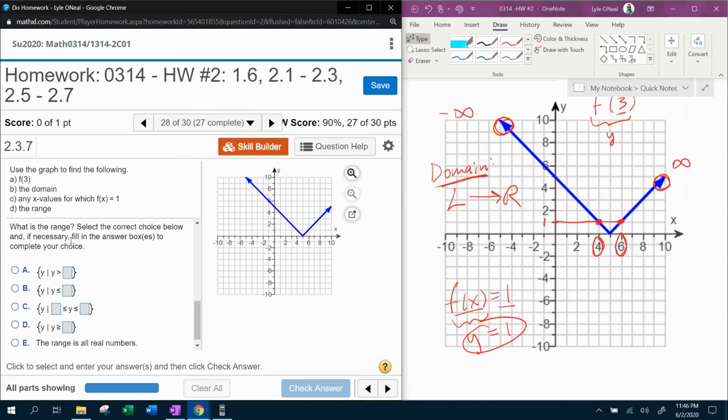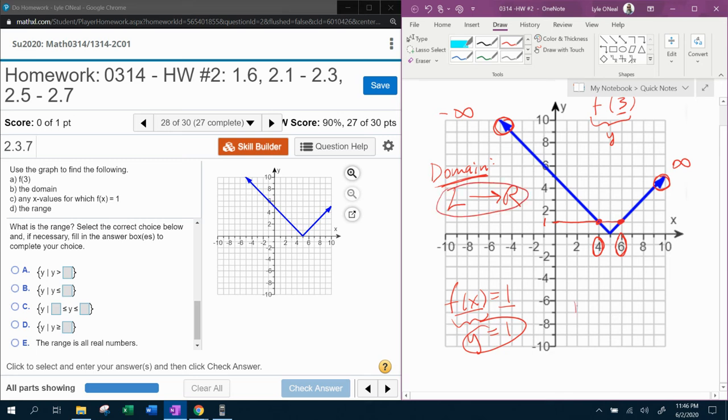Yeah, the range. What is the range? So remember I said the domain is from left to right? Well, guess what? The range is from bottom to top, from low to high. So if I start down here at the bottom, do you see there is no graph down here?